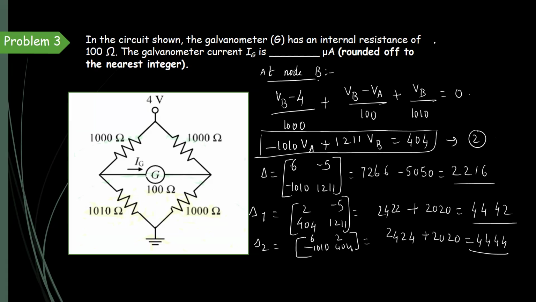IG is nothing but (VB minus VA) by 100. Now VB is delta 2 by delta and VA is delta 1 by delta. So VB minus VA equals (delta 2 minus delta 1) by delta.